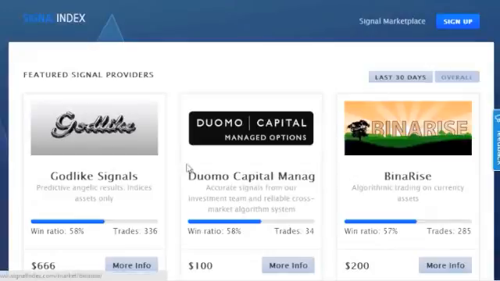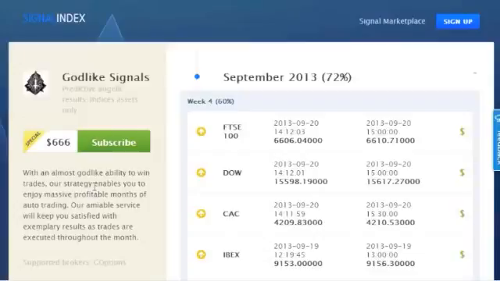The first thing here, let's click on one of the providers. Let's go to Godlike Signals, and we can see their performance and also information about them. Predictive angelic results. Okay. And their pricing is 666.